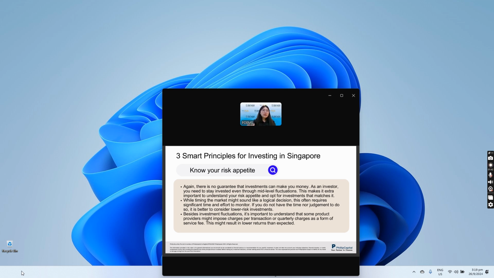Okay, so timing the market, those you can read through. In short, it's telling you that you need to adjust your portfolio. For example, if I'm very conservative, I will have more fixed instruments or safer low risk instruments, maybe 60% in my portfolio, then 40% is the high risk product.